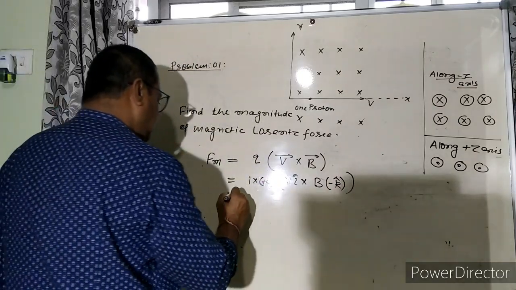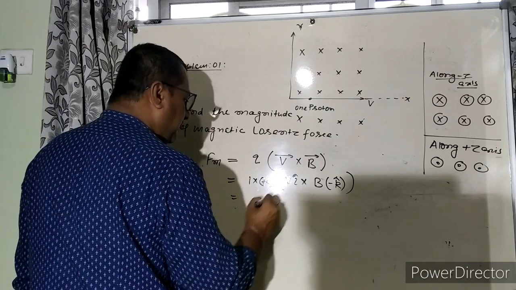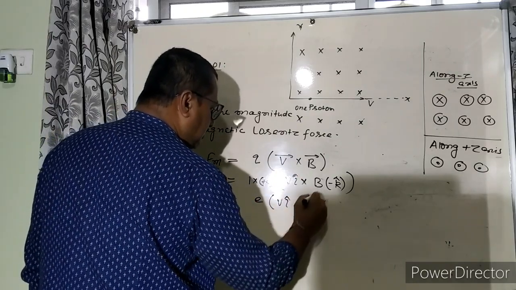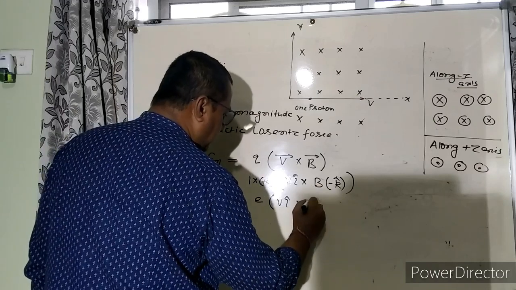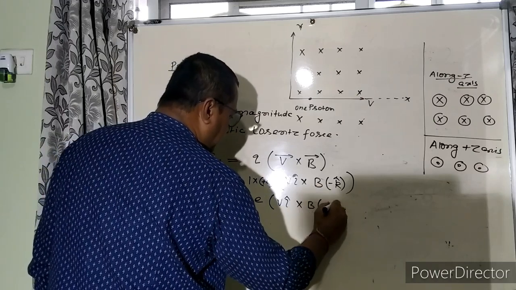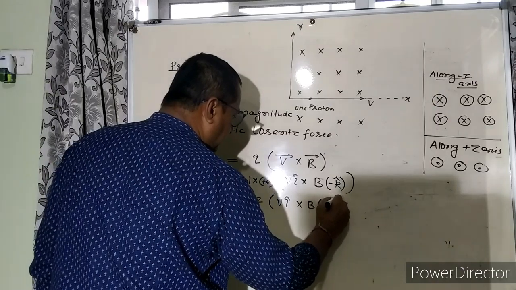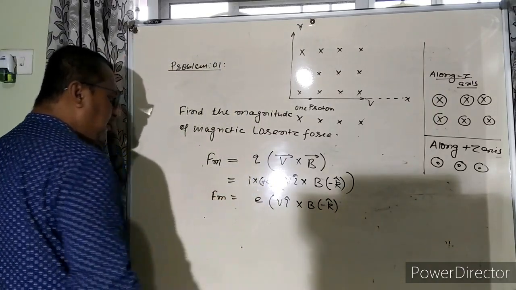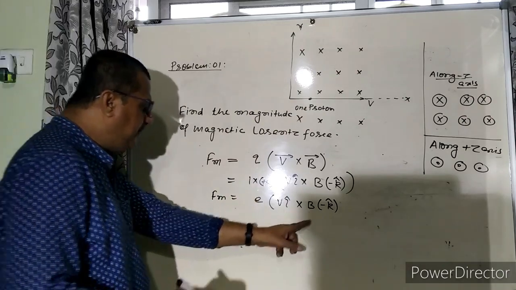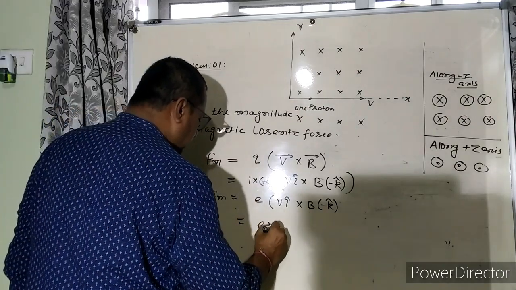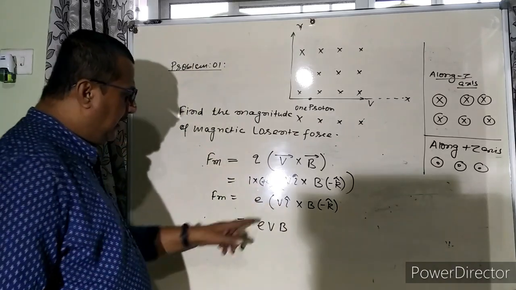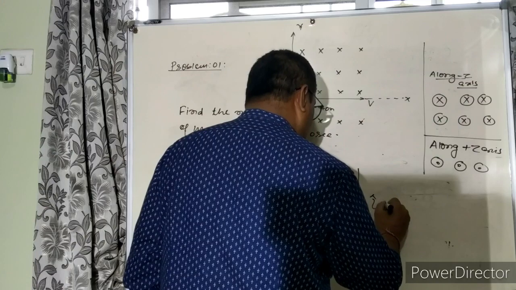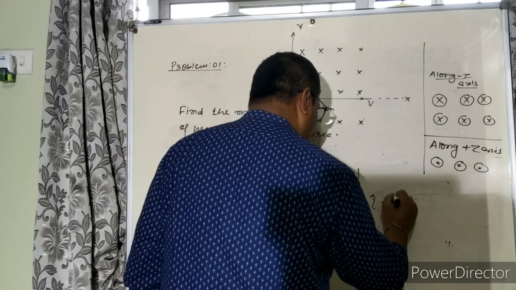So this will be equal to E, this is V i cross B, minus k, F M. Now here is E V B and i cross minus k.